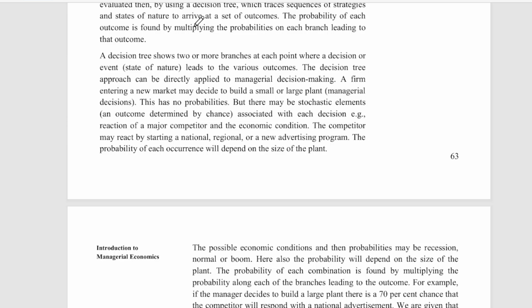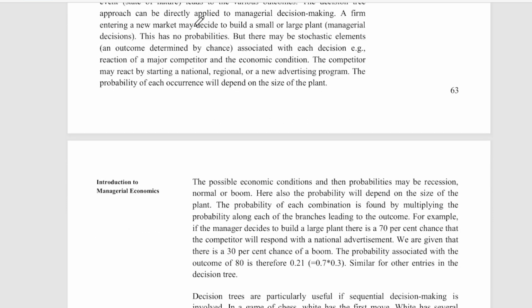A firm entering a new market may decide to build a small or large plant. This has no probabilities, but there may be a stochastic element associated with each decision, for example, the reaction of a major competitor and the economic condition. The competitor may react by starting a national, regional, or new advertising program.